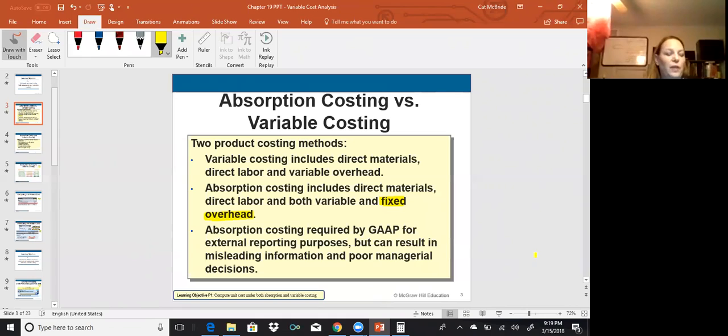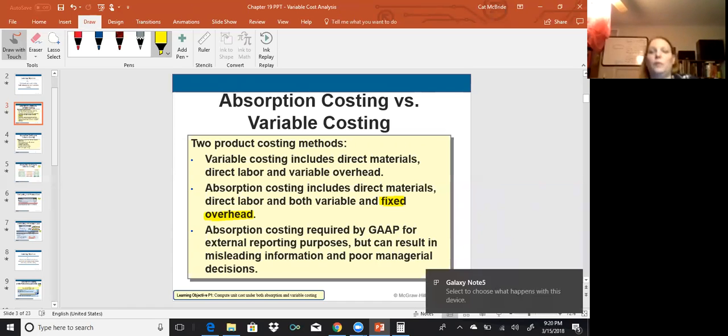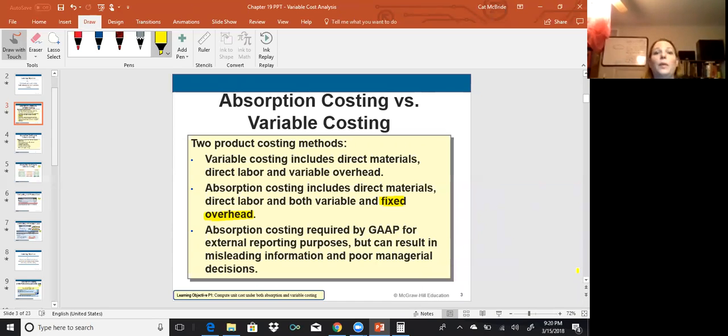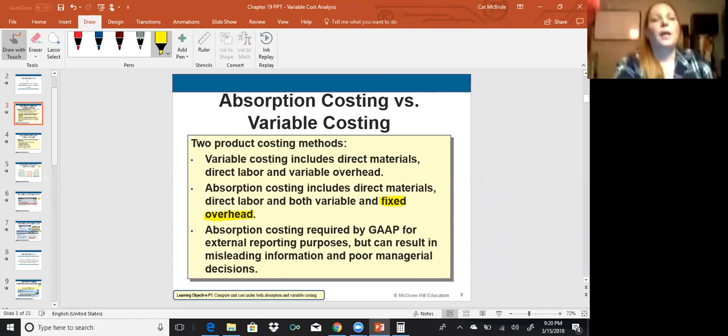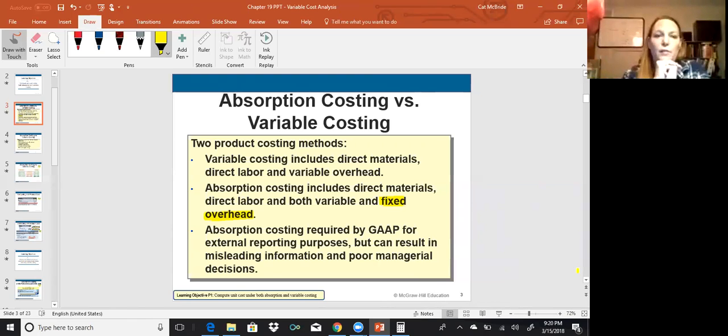Why is taking fixed overhead out a benefit for management to use the reports? What kind of expenses are included in fixed overhead? What are some examples? How about rent? Salaries. Oh, the management salaries. Depreciation, maintenance on the equipment. Okay, so if you were running a division, are those costs that you have any control over?